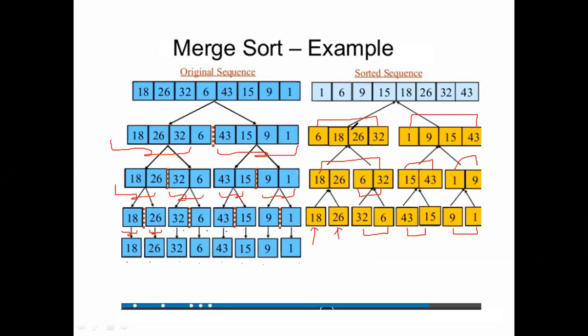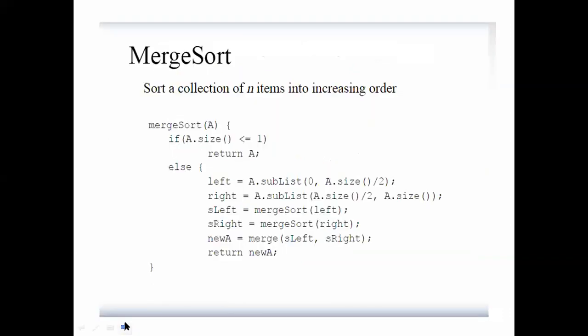After we divide the array into two subparts, we sort the left array separately and the right array separately, storing each in ascending order. Then we perform the merge operation. So this is the actual algorithm. If the array size is not greater than 1, you can directly return the data in increasing order.